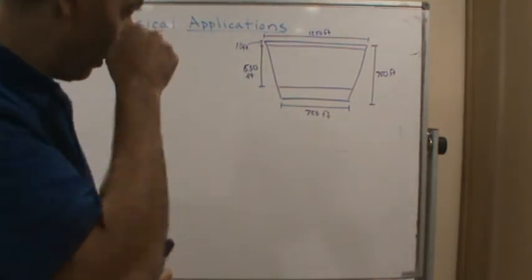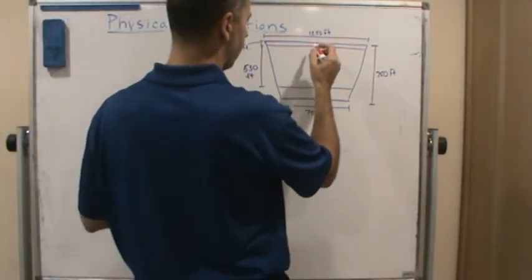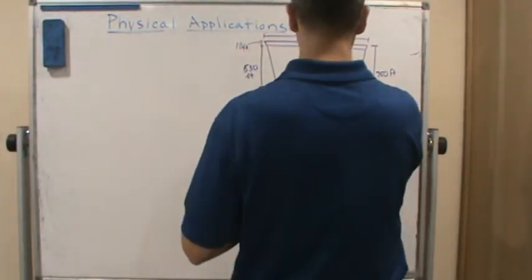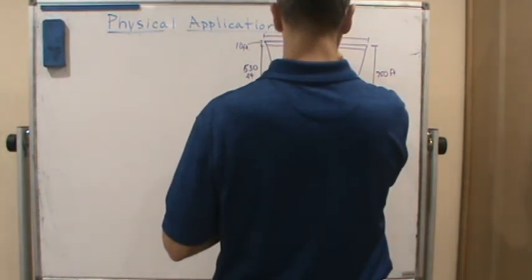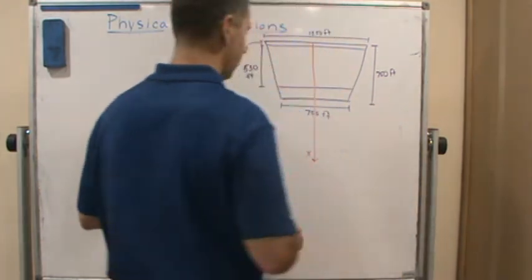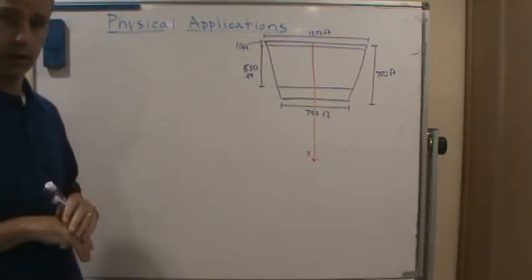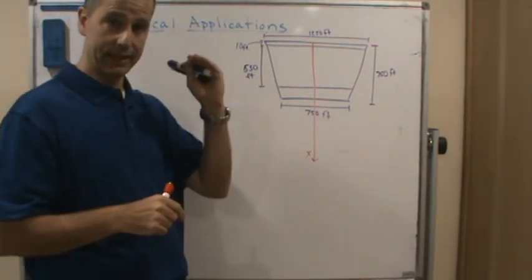Okay, so now our reference point in this case is going to start at the top of the dam, right in the center of the dam. Okay, so instead of the surface of the water, we're going to put it at the top of the dam.